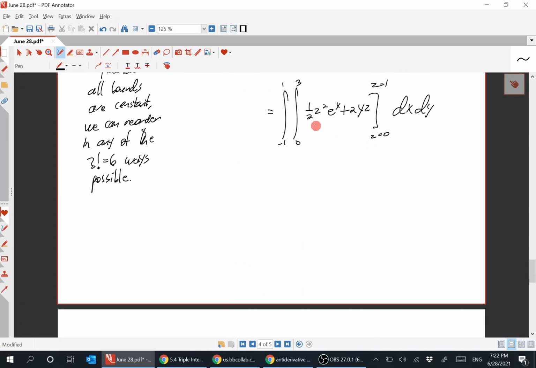Evaluating at z equal to 1, and at 0 it's 0. So this is the integral from -1 to 1, 0 to 3, 1/2 e to the x plus 2y dx dy.